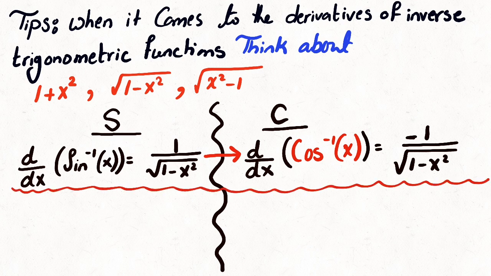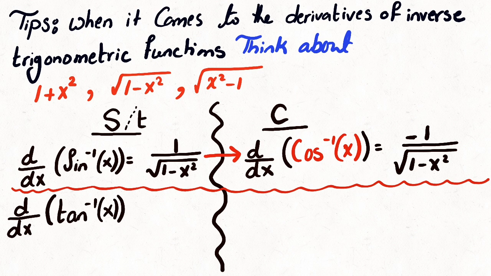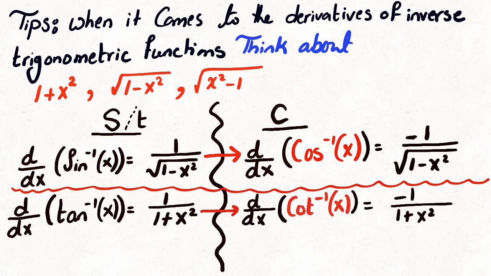Now we go to the third one, d by dx for tan inverse of x, which is 1 over 1 plus x squared. Now, cotan inverse is attached with tan inverse. Thus, d by dx cotan inverse is negative 1 divided by 1 plus x squared.